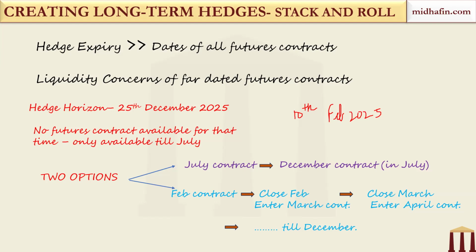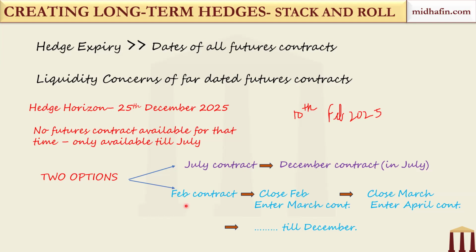Those who have commodity accounts can check this clearly. Commodity futures, I think, were also available on Zerodha for trading, or even stock index futures. You can check the future dated contracts will have a very high bid ask spread. So that is why the good option is to go for this. You take the nearest contract, shorter duration, minimum transaction cost.